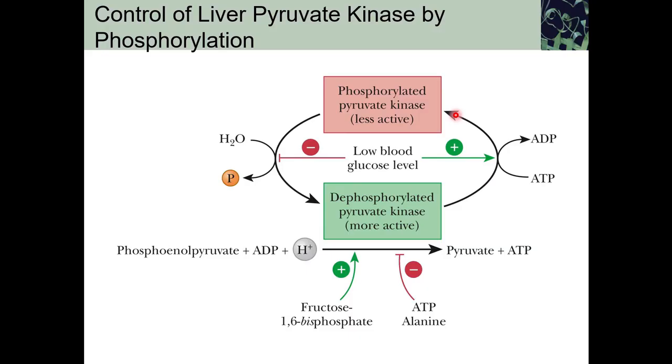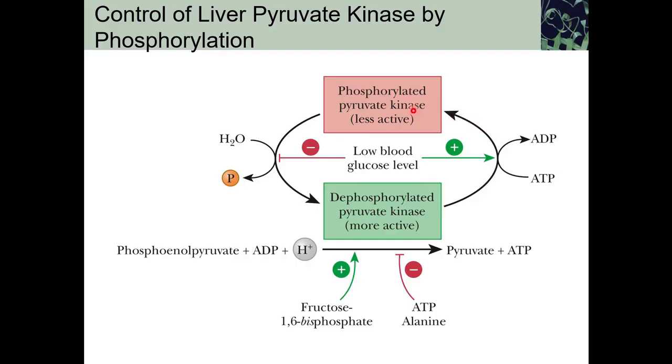So if there's low blood glucose level, the pyruvate kinase is phosphorylated and is converted into a less active form. Does that make sense?